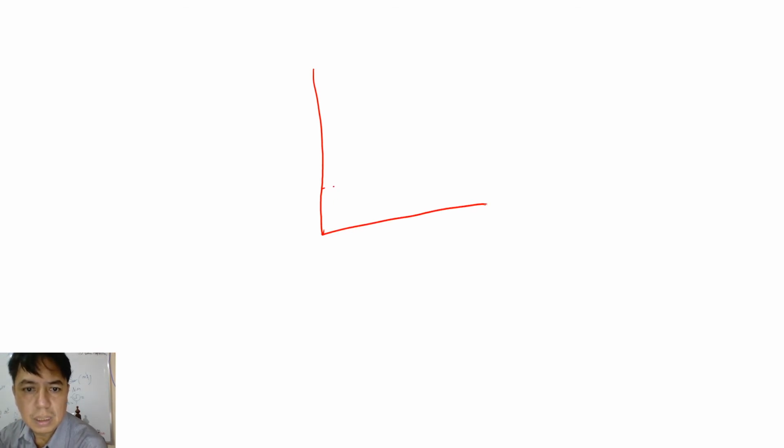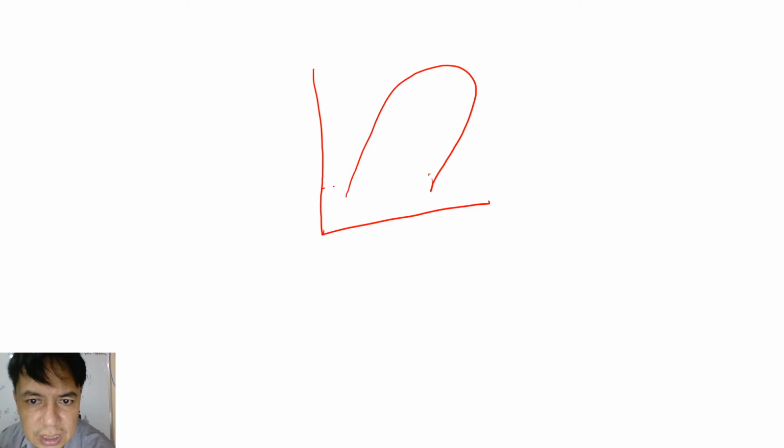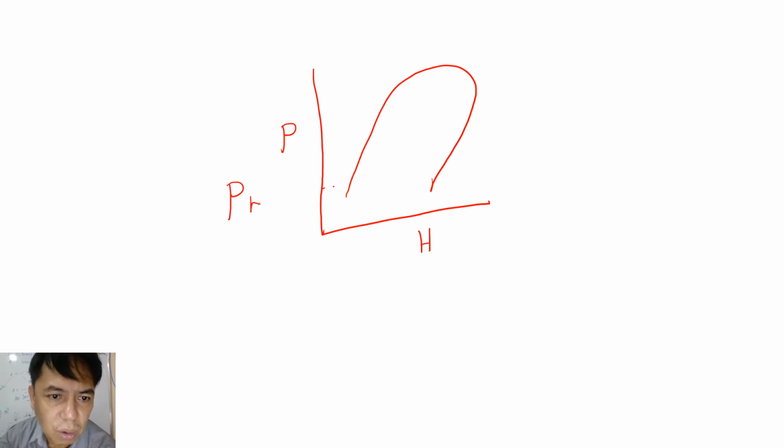So here is the so-called pH. Normally the pH is like a dome. Then we discuss what are the parts of the pH diagram. P stands for pressure, and H is what? What is H, class?